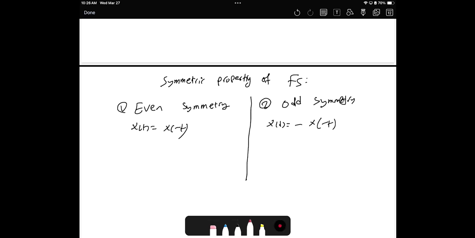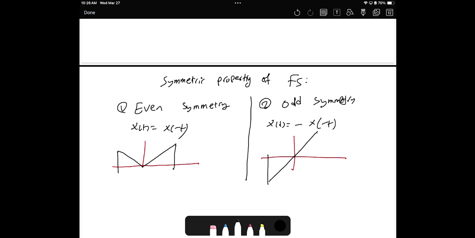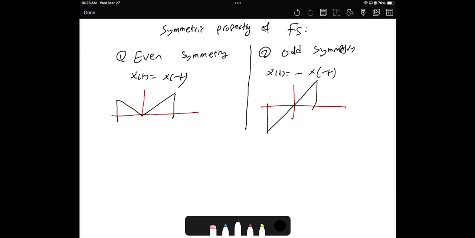As an example of even symmetry, we have, for example, a function like this. This is even symmetry. Odd symmetry looks something like this, as an example. Okay? Now I also have a question about sine or cosine.